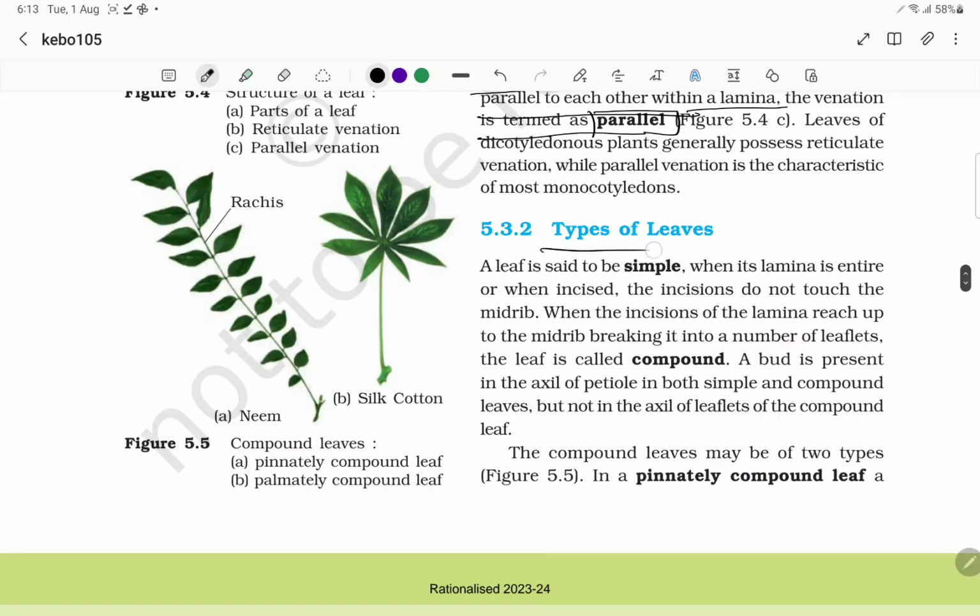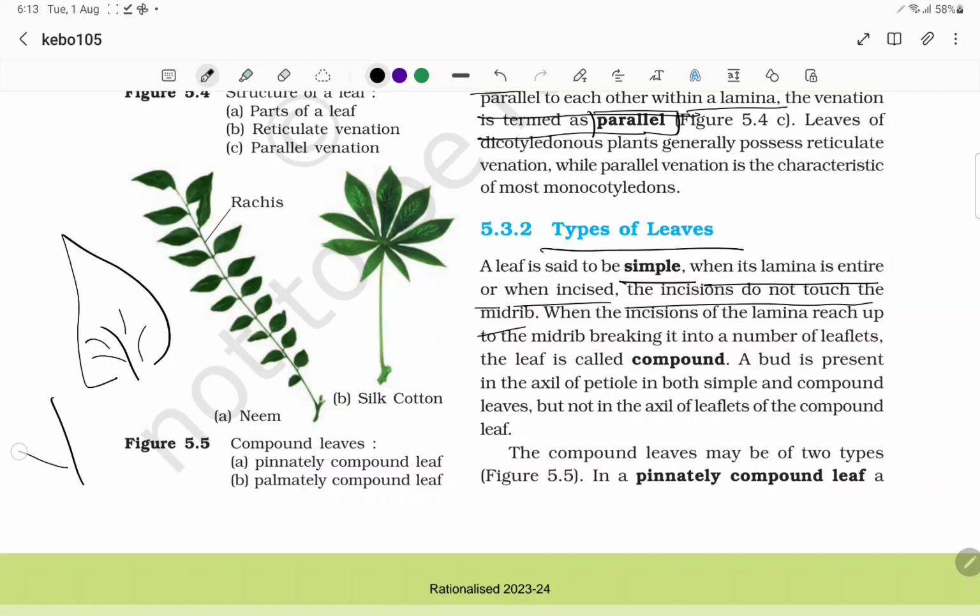Let's see the types of leaves. A leaf is said to be simple when its lamina is entire or when incised, and the incisions do not touch the midrib. Assume the leaf is like this, then it is simple. Or you can see some leaves are like this, which is also a simple leaf.